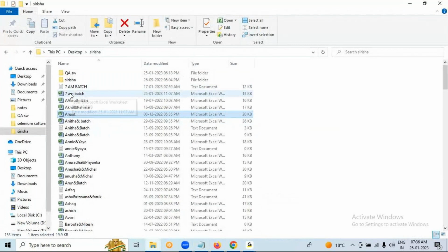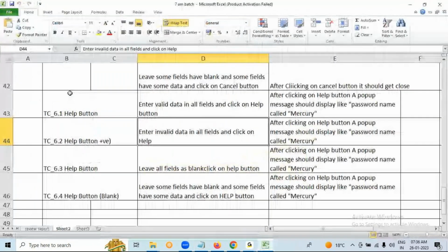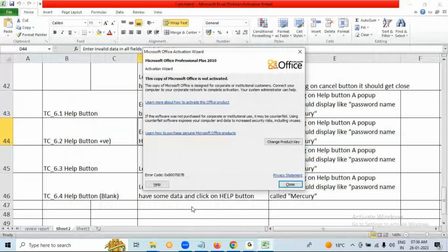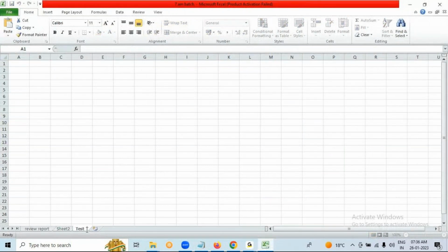We are going to prepare the test data here in an Excel sheet.